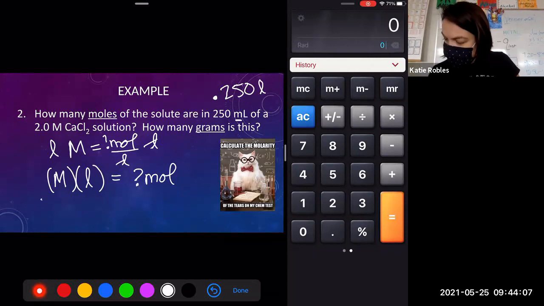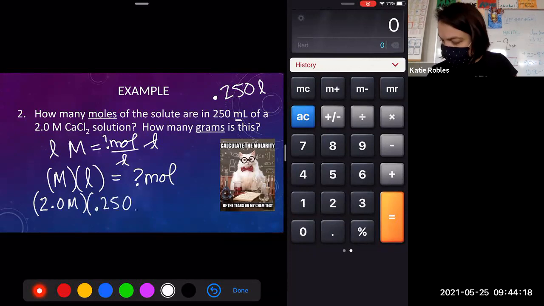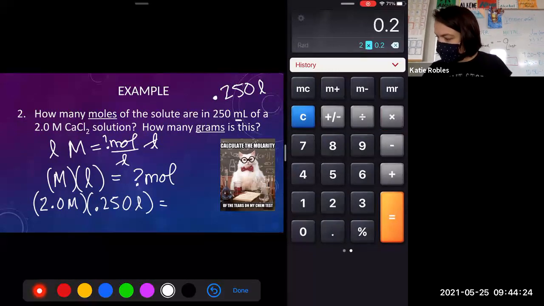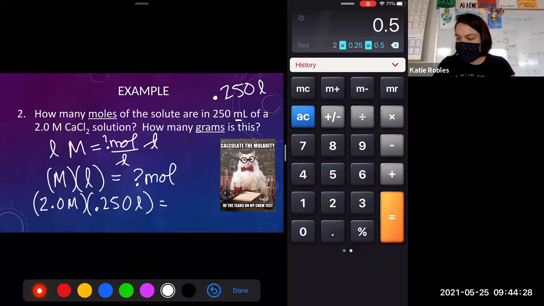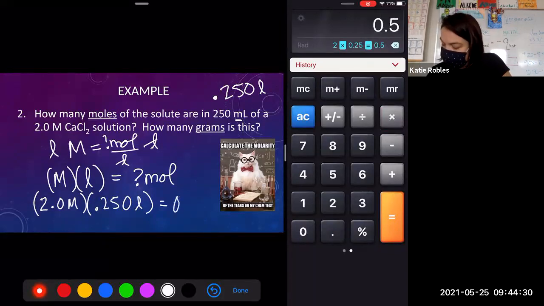So you get a 2.0 molar solution times 0.250 liters equals, so 2 times 0.25 equals 0.5.